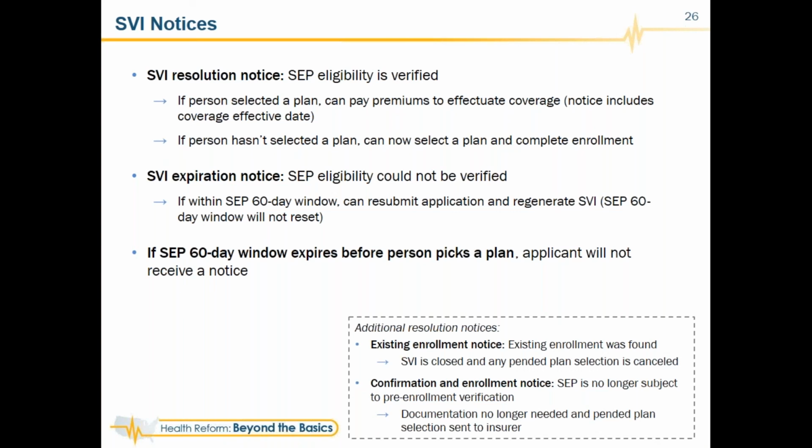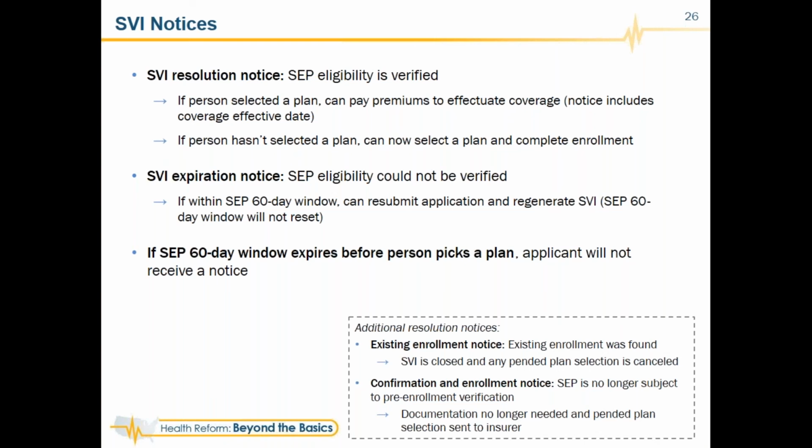So this is a case where, remember how before I mentioned that people might be eligible for 2 SEPs and only one is going to be selected by the EDN process, and then people will be asked to provide documents if that SEP is subject to SVI, the verification process. It's a mouthful, sorry.